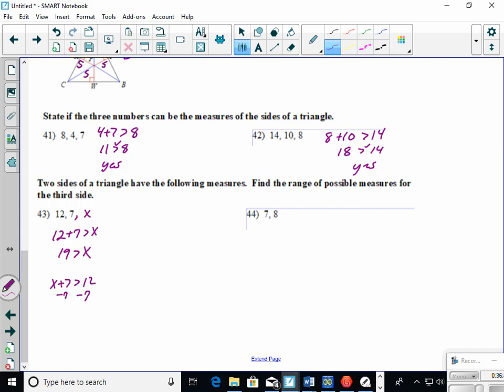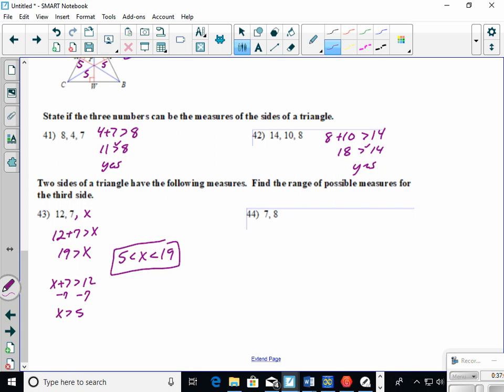Subtract the 7. So x has to be greater than 5. So our range for our x, basically 5 is less than x is less than 19.